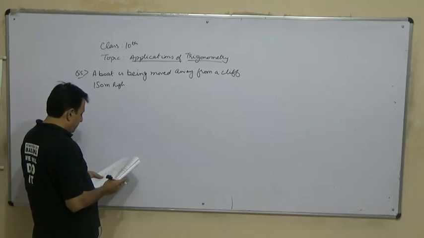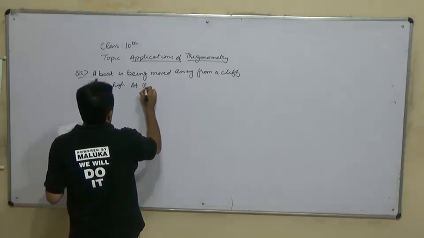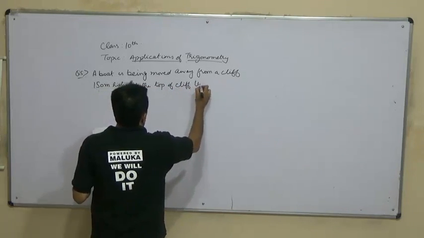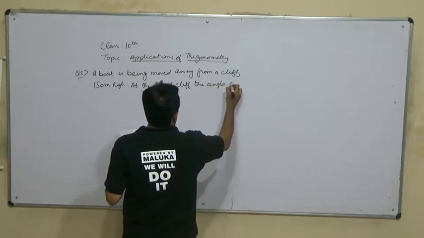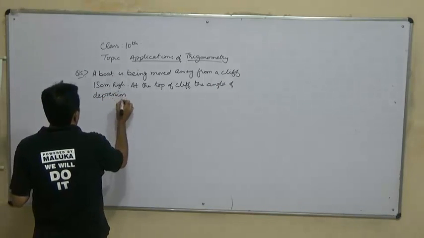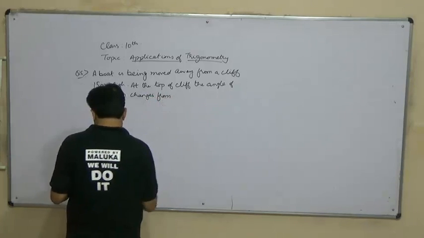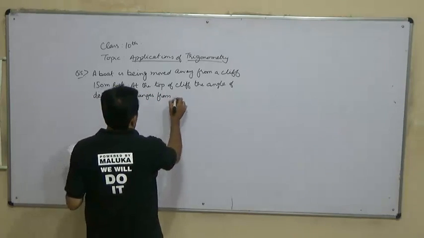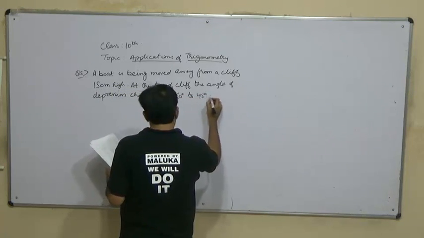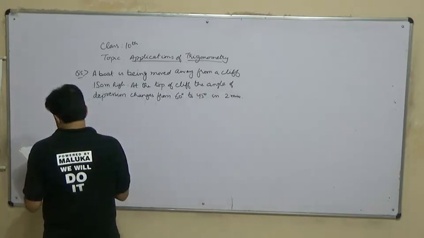At the top of the cliff, the angle of depression of the boat changes from 60 degrees to 45 degrees in 2 minutes. The speed of the boat is?